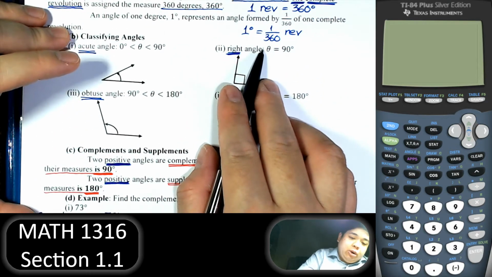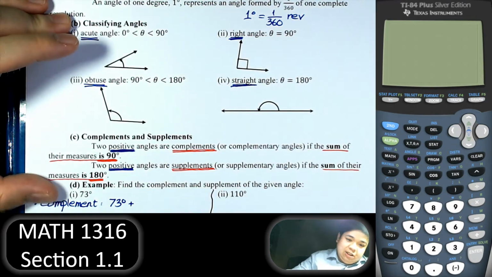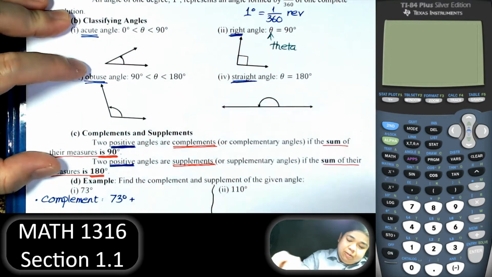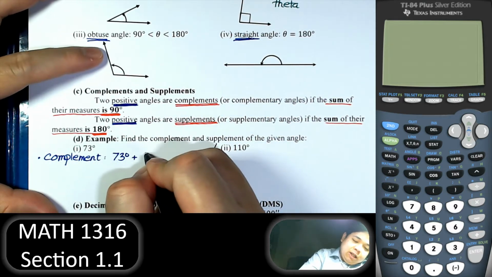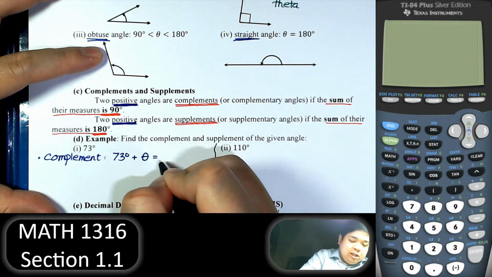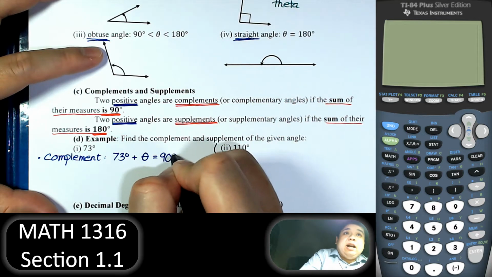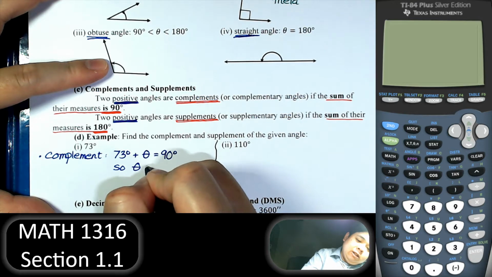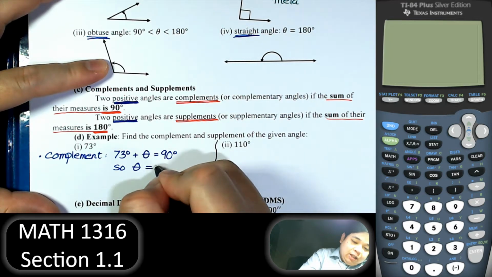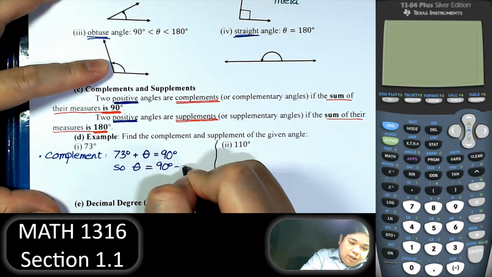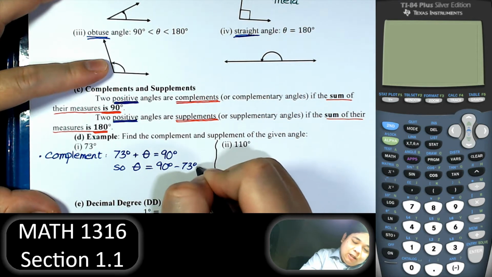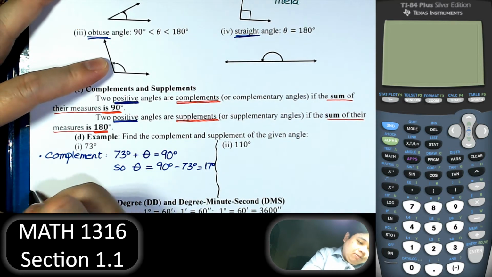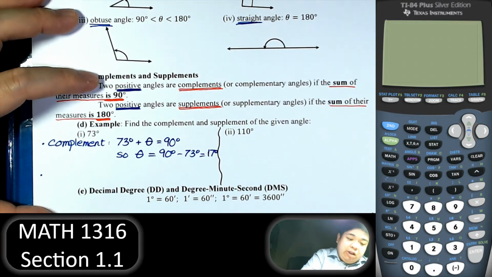By the way, that is the Greek letter theta. So let's say the complement is an angle theta. Complements add up to 90 degrees. Solving for theta, 90 minus 73 is 17 degrees. And don't forget, we have to write the degree. It's the unit of that angle.